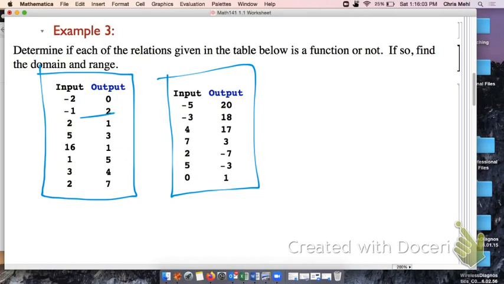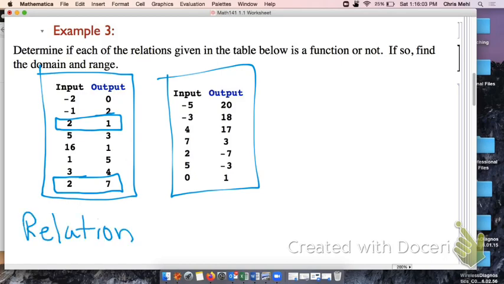So if you look at the first relation, you'll notice that one of the pairings is that when the input is 2, the output is 1. But you'll notice down at the bottom that there is another pairing with an input of 2, but this time the output is 7.